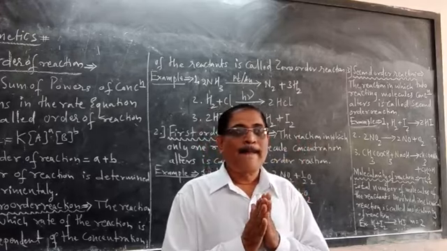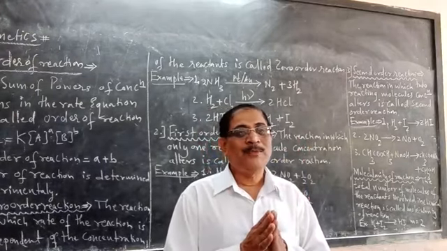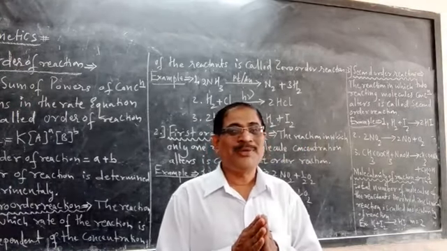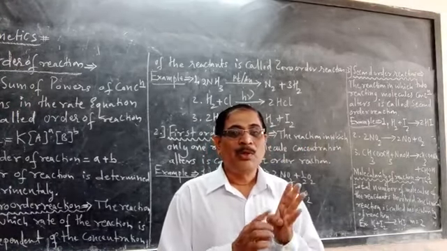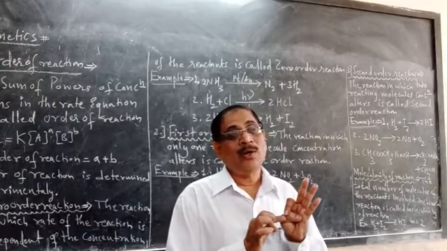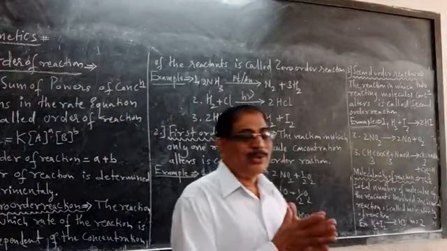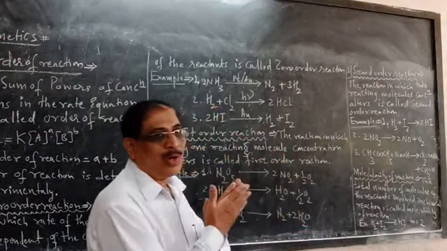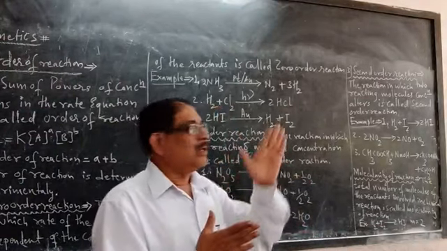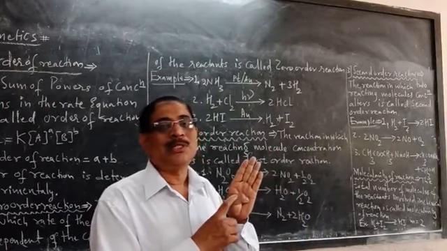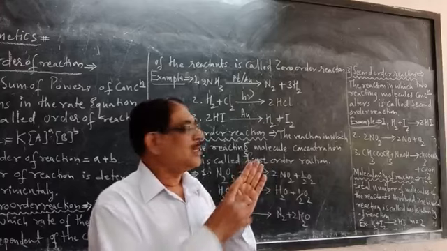One more thing, for 2 marks, usually the question asks: write any two differences between molecularity of reaction and order of reaction. Okay, so what you have to write? You have to make 2 columns, order and molecularity. First of all, definition. Order of reaction is the sum of powers of concentration terms involved in the chemical reaction.